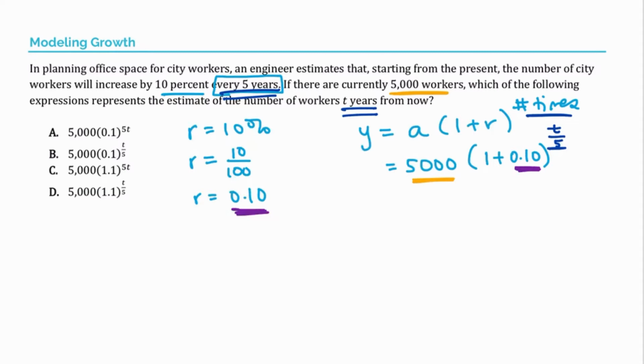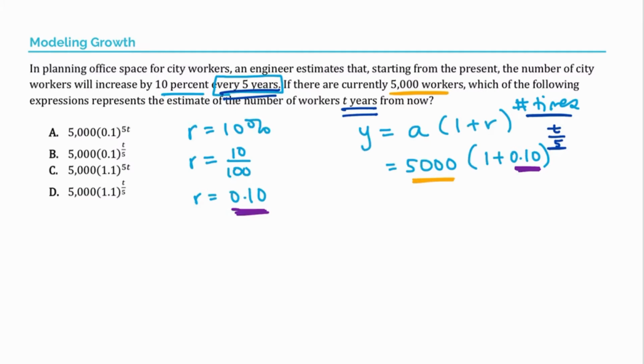That part of this question is the hardest part. You have to know that that exponent is T divided by 5. Because again, if T is the total number of years, let's pretend it's been 20 years, T is 20. Well, how many times would we have seen this 10% increase?